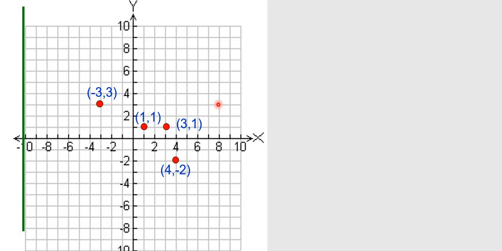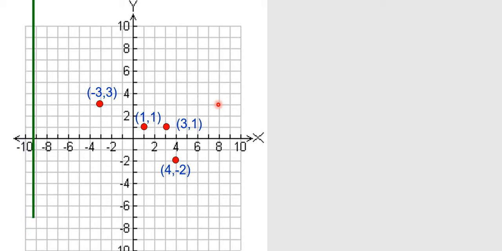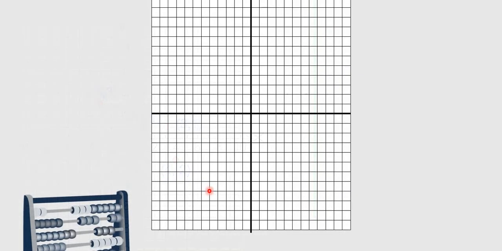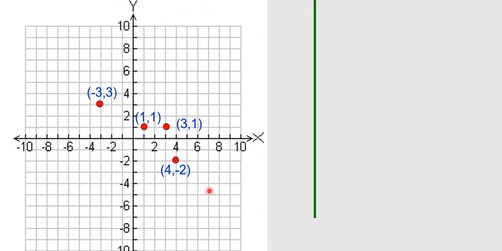Pause the video and try to see if this is a function. So, let's pass that green vertical line, and as you can see, it only passed through one of the points only once. Therefore, since the vertical line passed through just that point and no other point, this relation is a function.